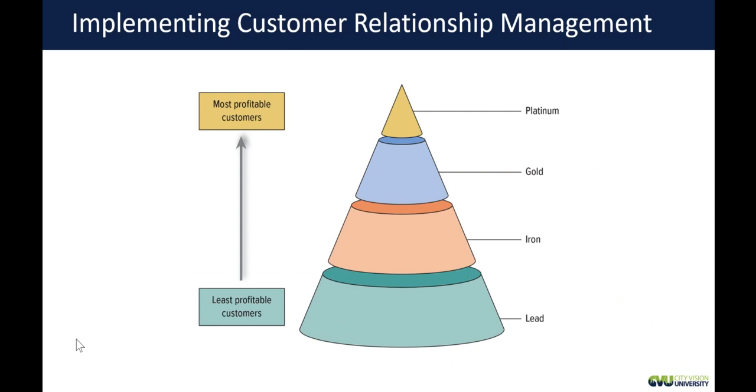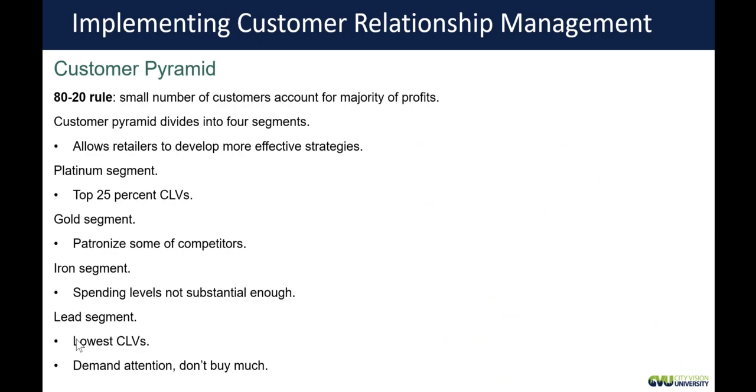Once again, the goal with having a customer relationship system is to move our customers through this pyramid where they go from just kind of a lead up to a platinum, most profitable customer. Now, as we move them through that, one of the things we want to remember with this customer pyramid is that there is an 80-20 rule out there in the world, right?